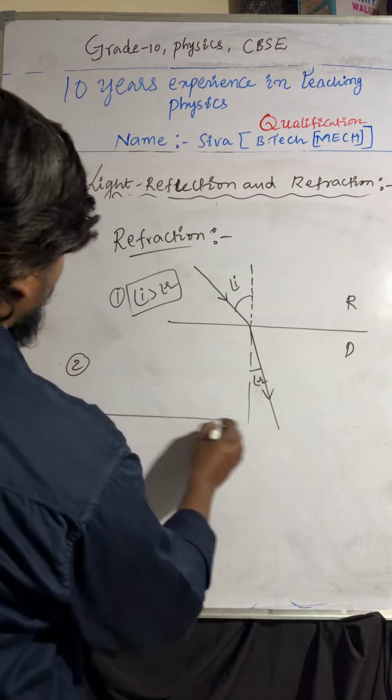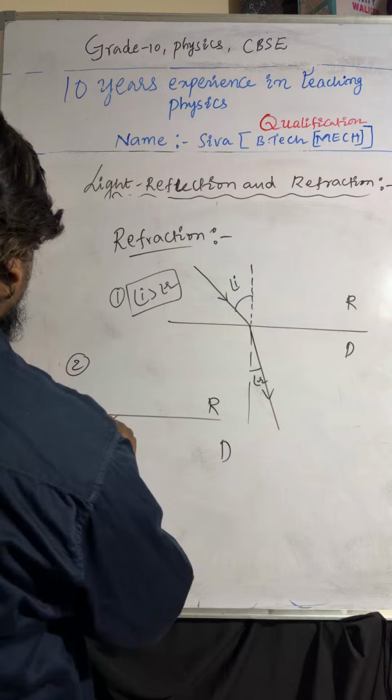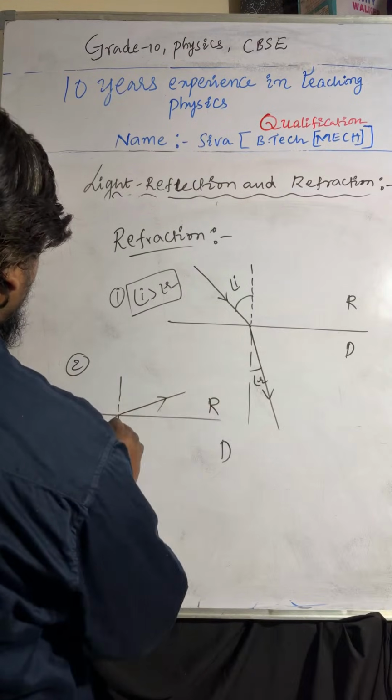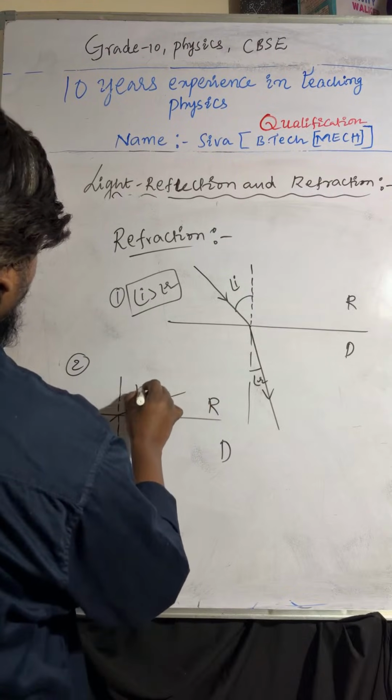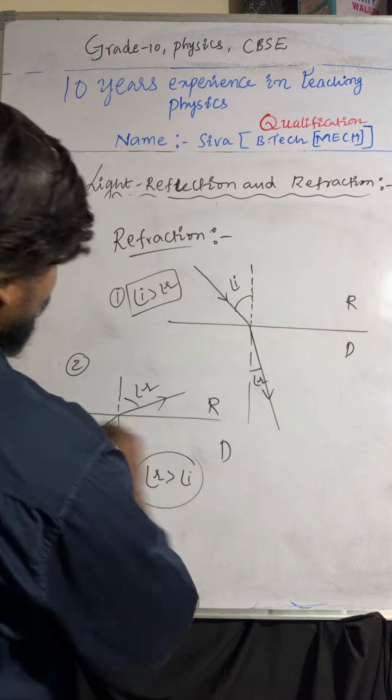If you take the second case, rarer medium, denser medium, if the light ray is passing from denser to rarer, then angle of refraction is greater than the angle of incidence. Very important: when a light ray passes from rarer to denser, speed is decreasing in the denser medium, that's why it moves towards the normal line. In the second case, light ray moves from denser to rarer, so speed is increasing, that's why it moves away from the normal line. So angle of refraction is greater than the angle of incidence.